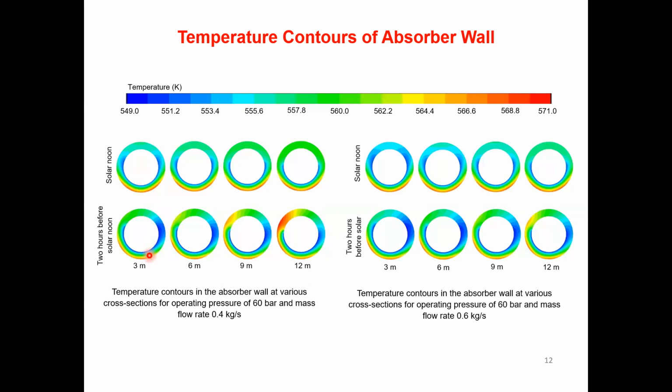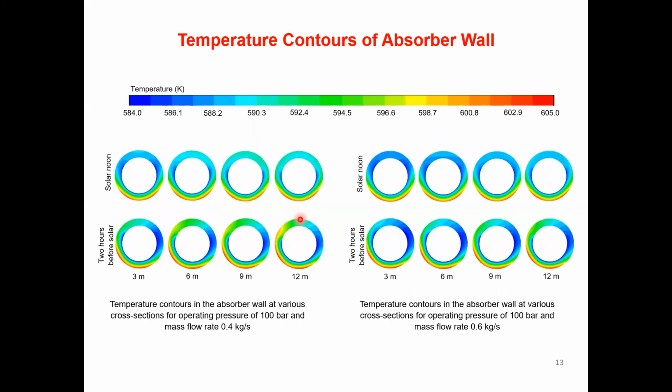In case of 2 hours before solar noon, the portion of the absorber wall which is in contact with the vapor phase receives a high concentrated heat flux, hence hot spots are created in the absorber wall. Similarly, these are temperature contours for operating pressure of 100 bar.